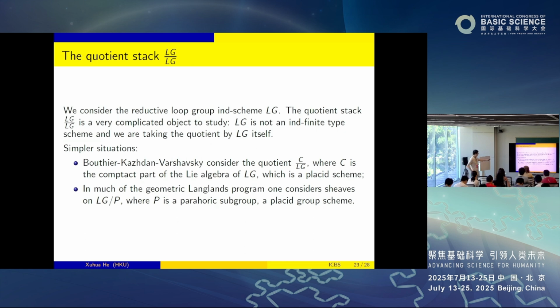The other is the work of Bezrukavnikov, Kazhdan, Varshavsky. What they consider is a quotient by the loop group, of a compact part of the Lie algebra, which is a placid scheme. But here, both the numerator and the denominator are actually very complicated.